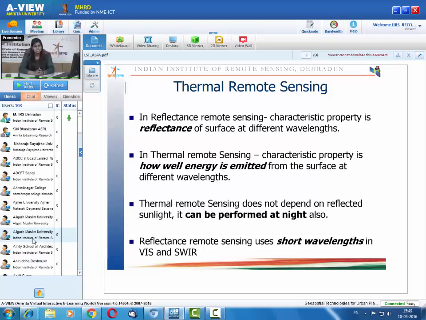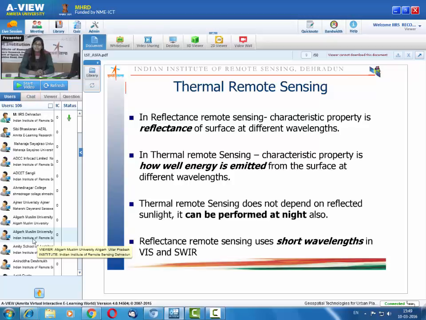Thermal remote sensing does not depend on the reflected light, so it can be done at night also. An example here is MODIS. MODIS is a satellite sensor. It gives you the product of both Aqua and Terra. It gives you the product of night time also and daytime also.